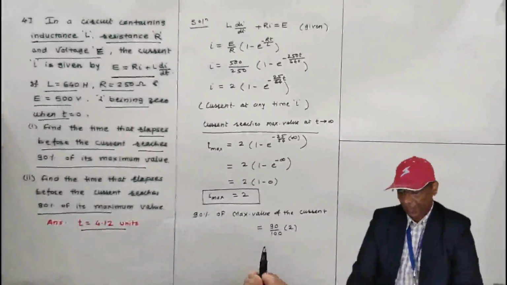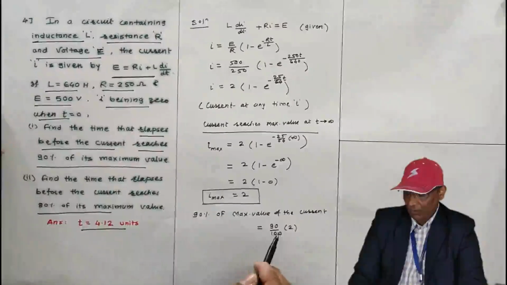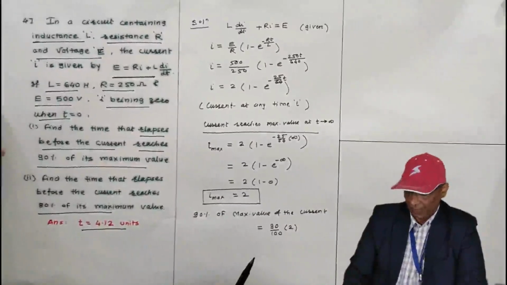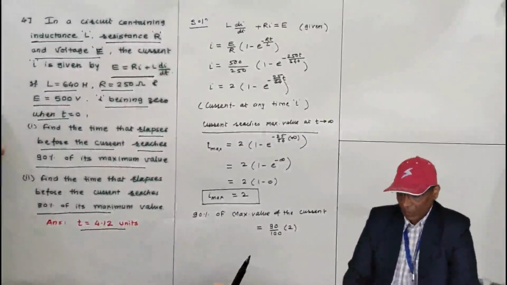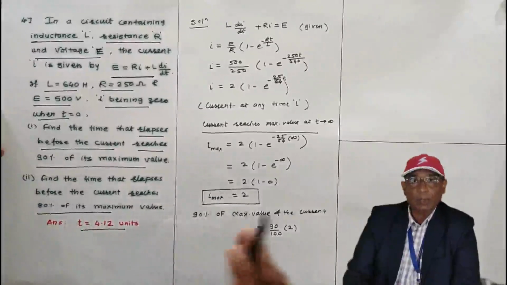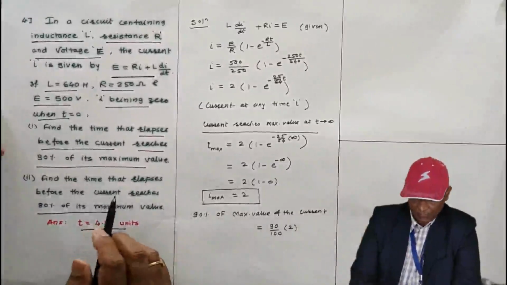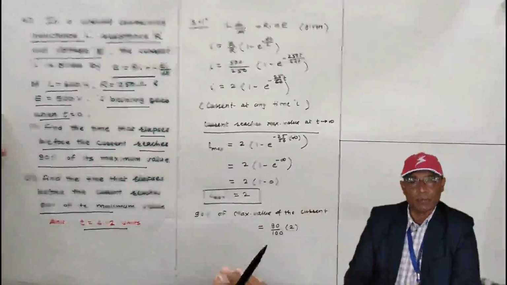Is it? Now we have to find the time elapsed before the current reaches 90% of the maximum value.